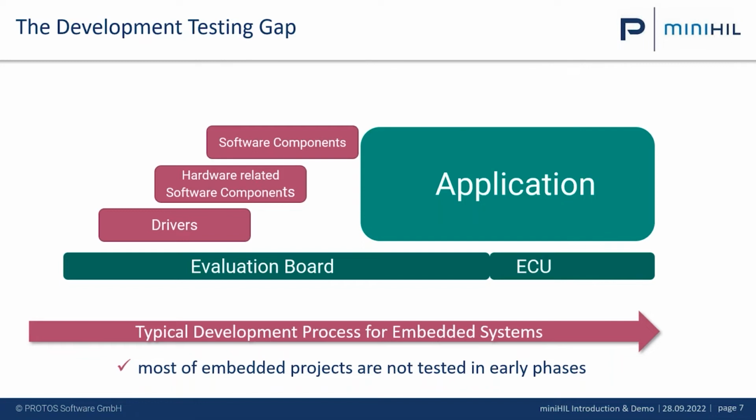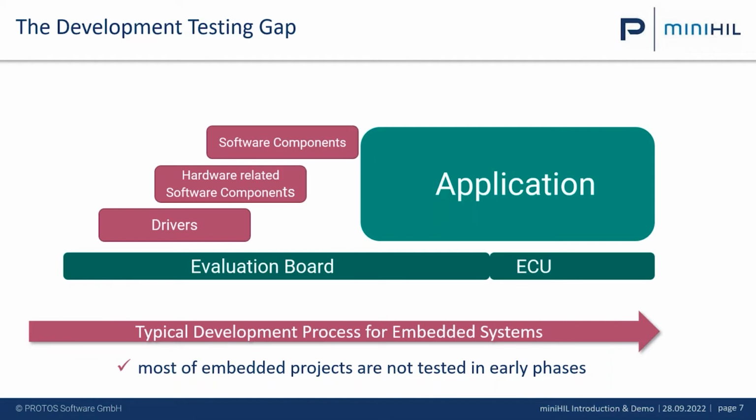So anything that has really a close relation with hardware. And then on top, usually an application or software components are developed, and you integrate this to an application. And in the end, the application is run probably first at the evaluation board and then on the real ECU.